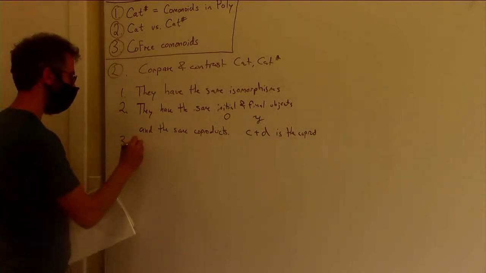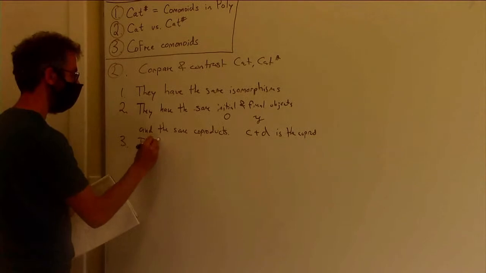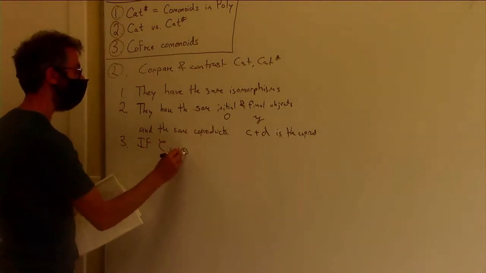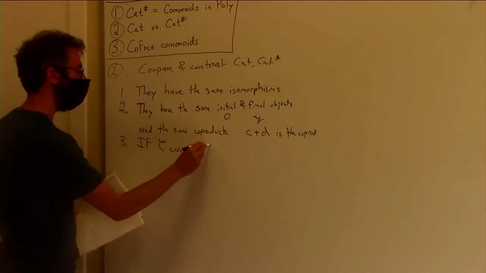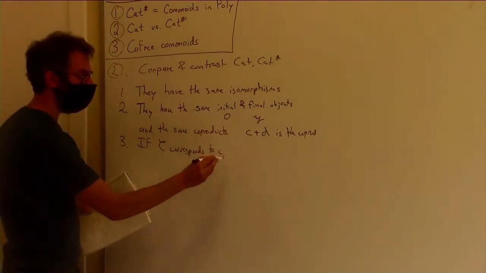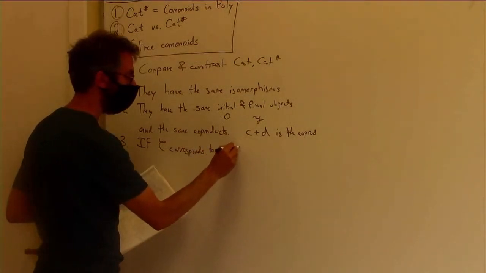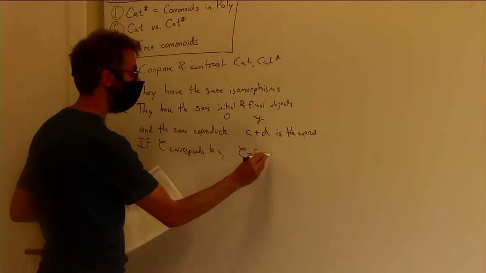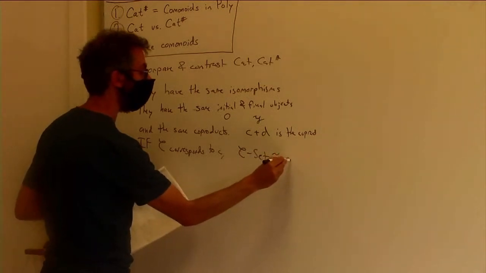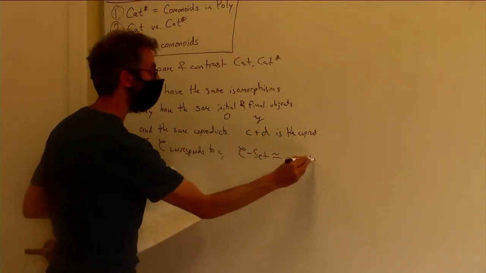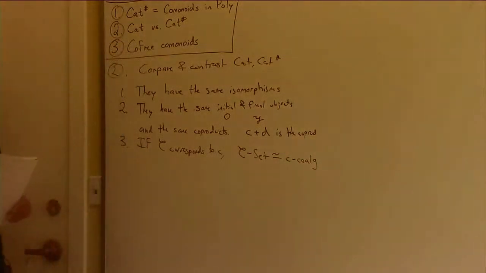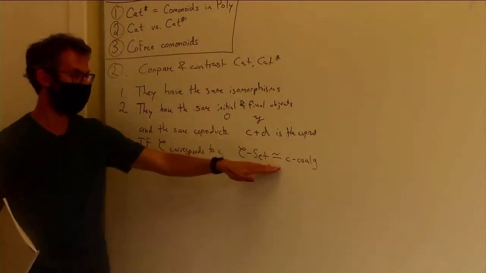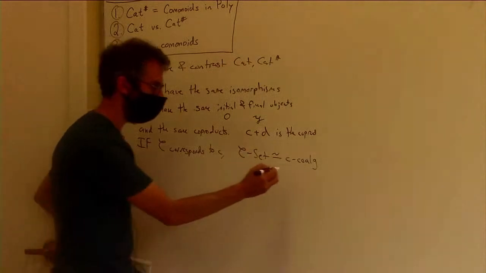Also, if C corresponds to C, then C set is equivalent to C coalg. We saw that recently. So the functors from C to set are what is this one?